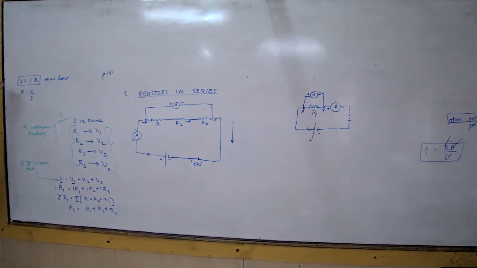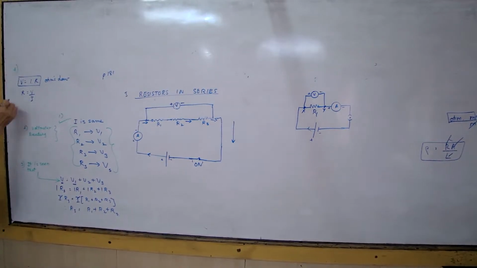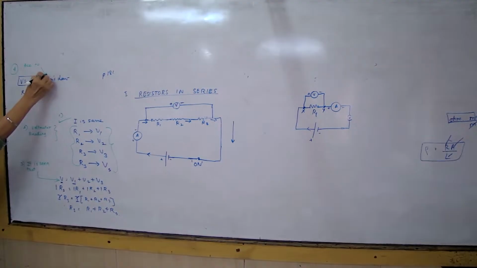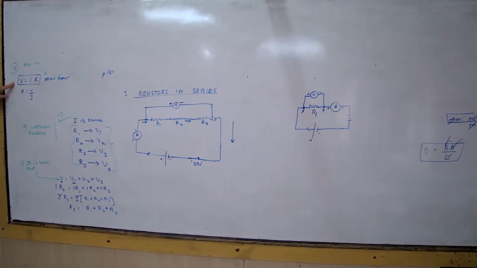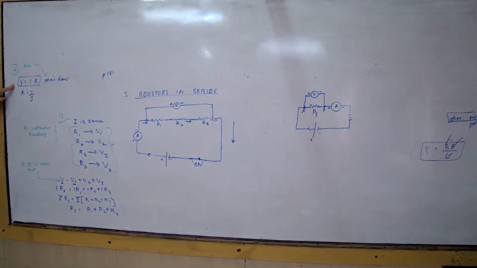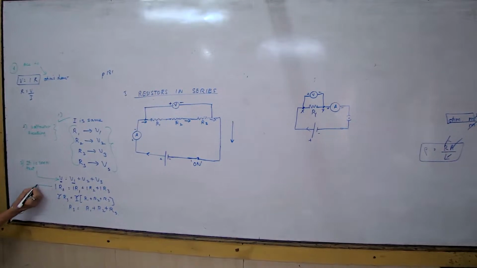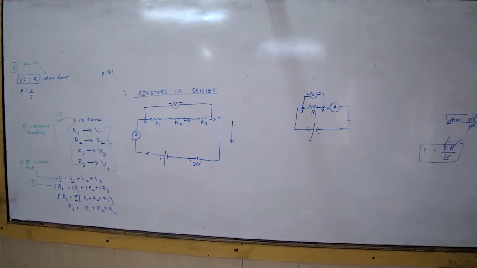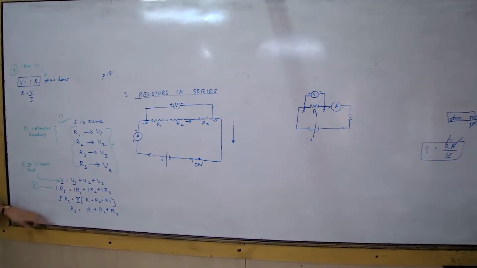Point number 4, you write this: according to Ohm's law, V is equal to IR. This is point number 5.